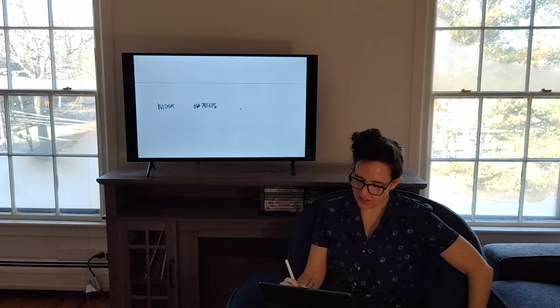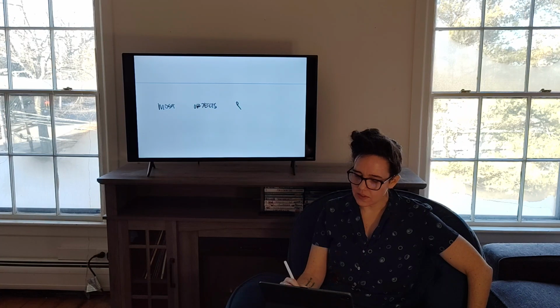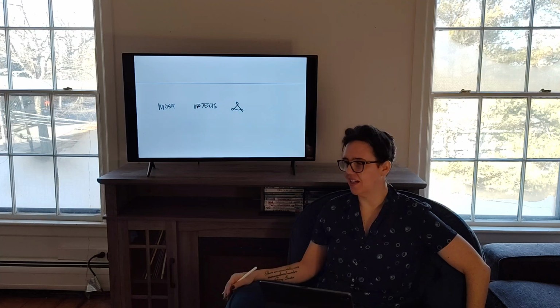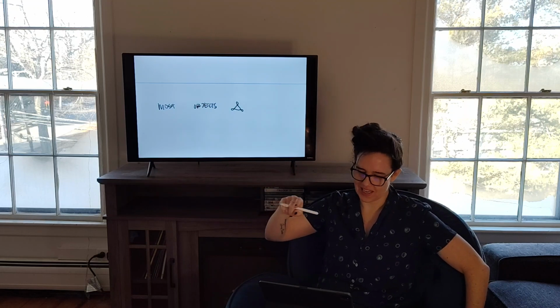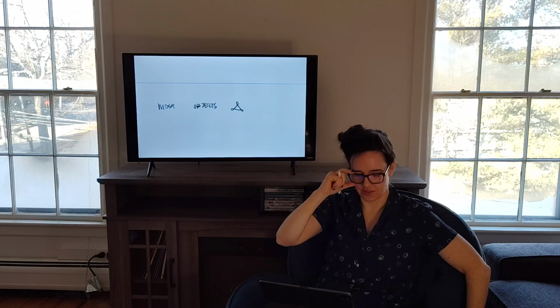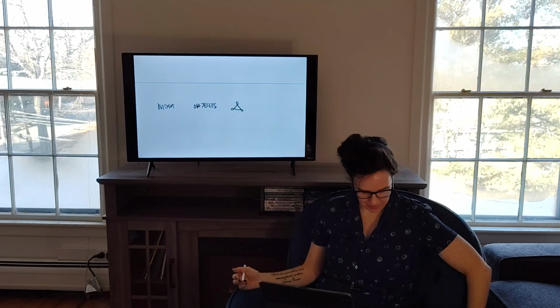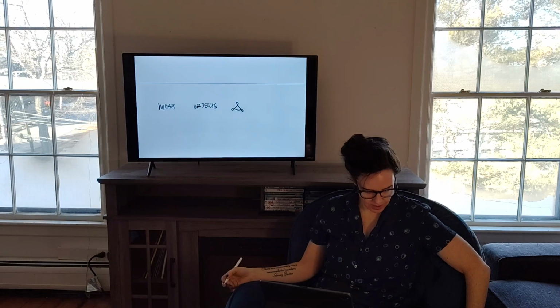Let me see if I can draw this symbol. This symbol reminds me of light reflecting on water, trying to capture what that looks like, and it kind of bounces around. So this is a symbol that comes up. I think it's like a flux capacitor or something.